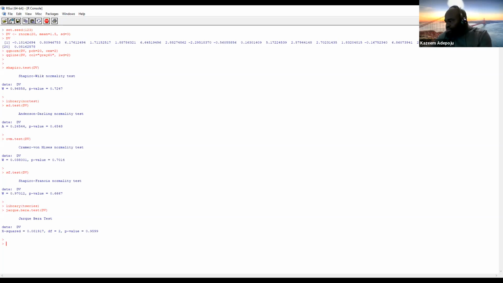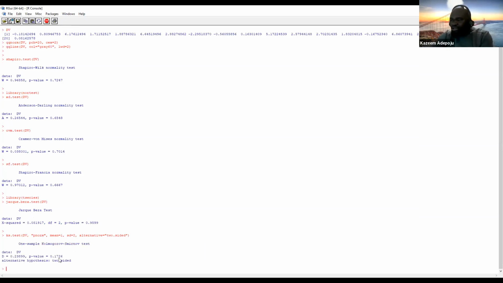Now the next test I want to run that is also popular is what we call the Kolmogorov-Smirnov test. The Kolmogorov-Smirnov test is also very important in statistical analysis. If you want to run that, you don't need to load any package, and it's going to run.